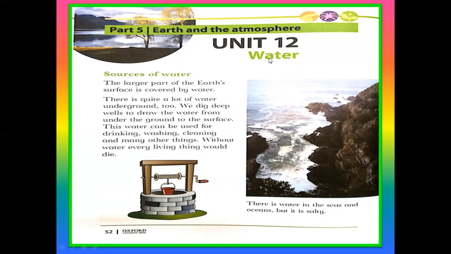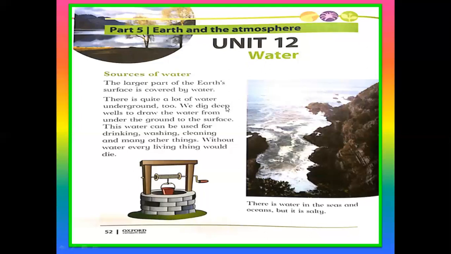Okay, now first I will read. All of you listen to me, then I will explain. Water. Sources of water. The larger part of the Earth's surface is covered by water. There is quite a lot of water underground.